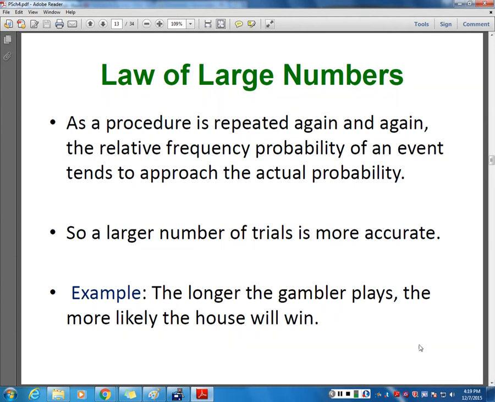This is also how the lottery is able to give away millions of dollars and still make millions more. The odds are in the favor of the lottery, so even though they're giving away quite a bit of money, in the long run, law of large numbers, the lottery makes more money than it gives up.